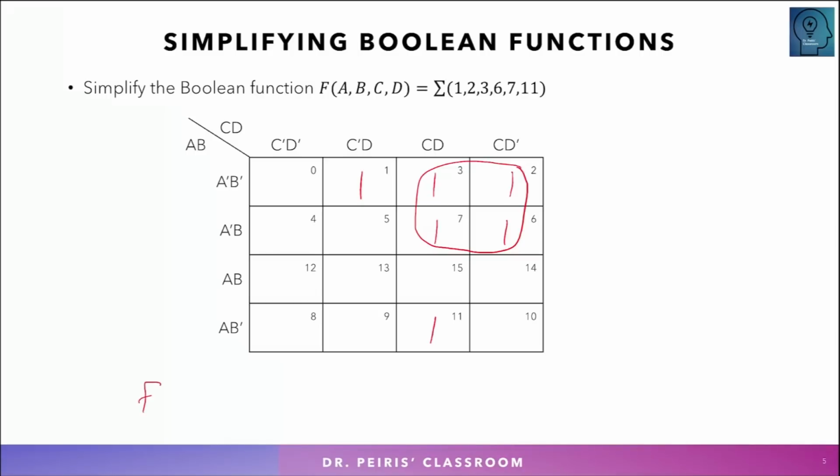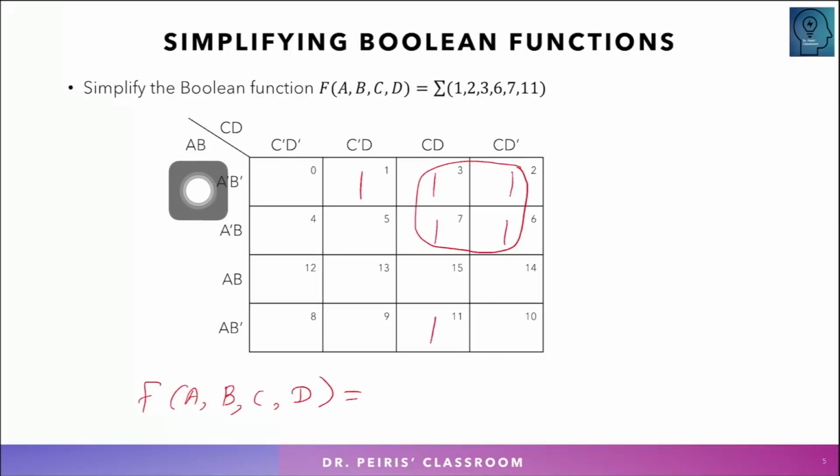Now I'm going to write that down first, so we do one term at a time to make it less confusing. For this group, you must look for the common variables on this side as well as on this side. So for these 2 rows, what is the common variable? If you look, you can see a prime is common, but the other one is b prime and b, so that is different.